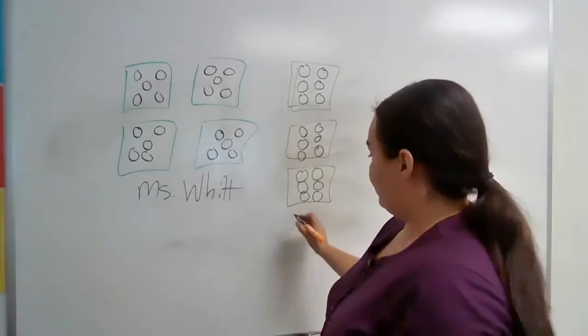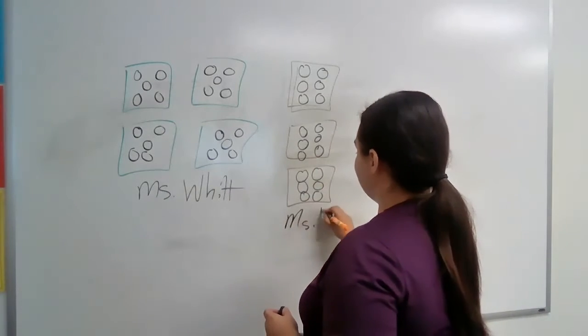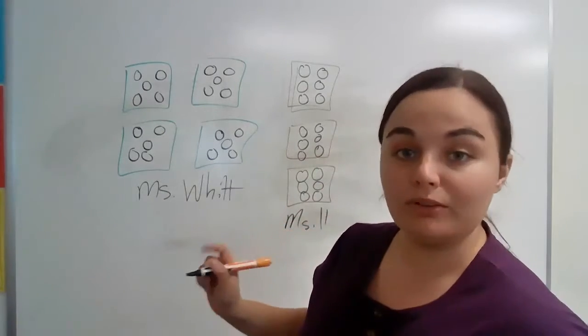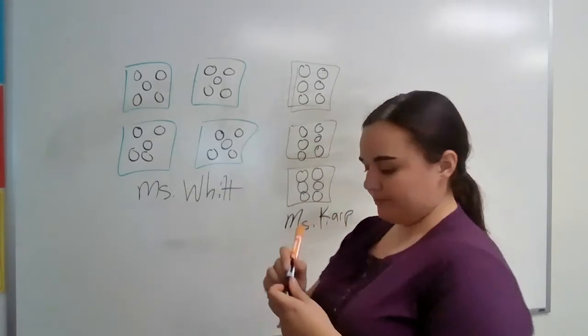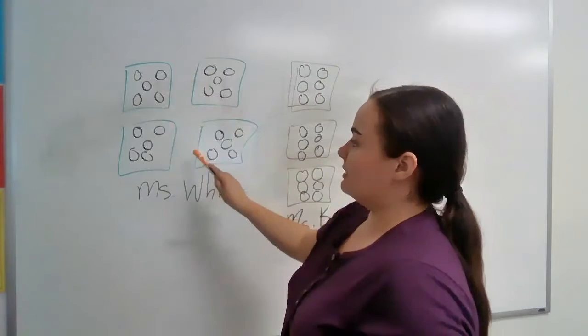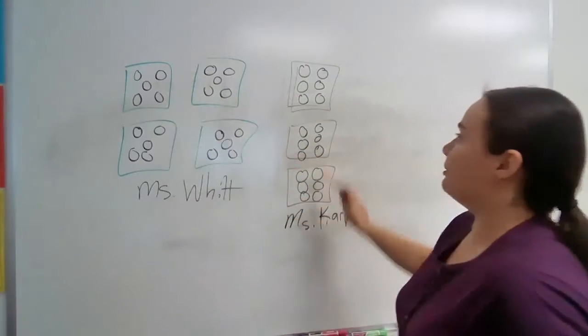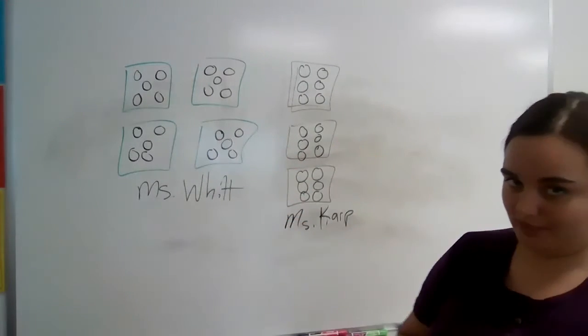Okay. And again, that was Mrs. Carp, sorry. All right, so Mrs. Witt, 4 boxes, 5 in each. Mrs. Carp, 3 boxes with 6 in each, okay?